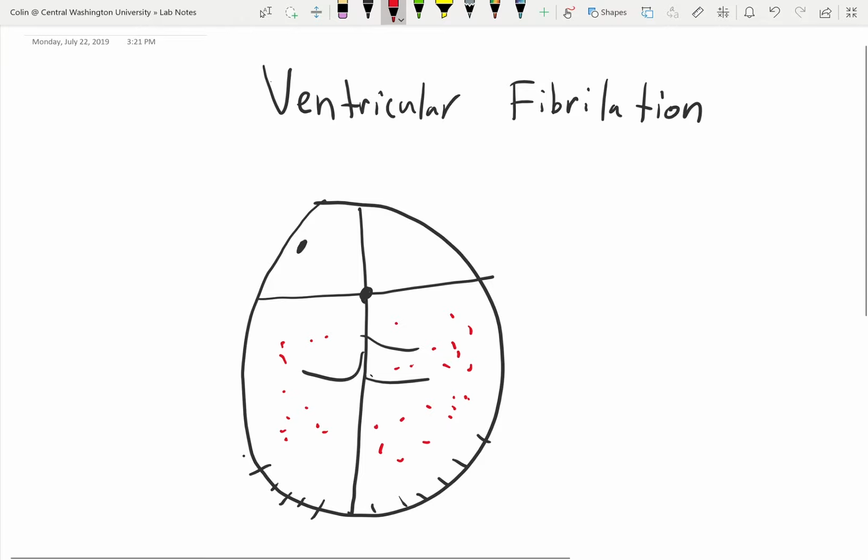And so the heart can't beat in any kind of organized pattern, which means the blood's not going to be pushed out to the body, which means you don't get any oxygen, and so you die, right? Pretty simple. That's why if someone's in VFib, even though their heart has electrical activity, we're not going to feel a pulse, because there's no organized beating.